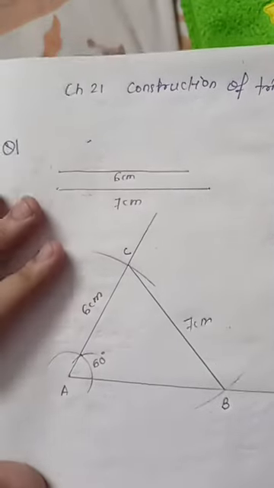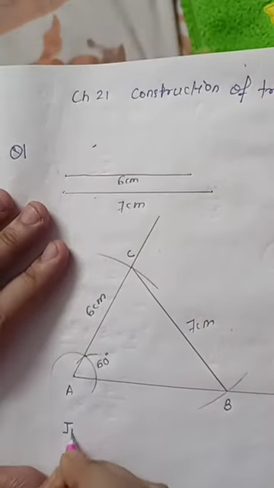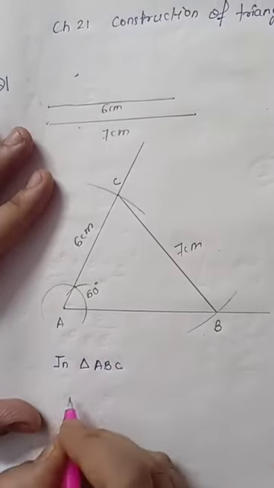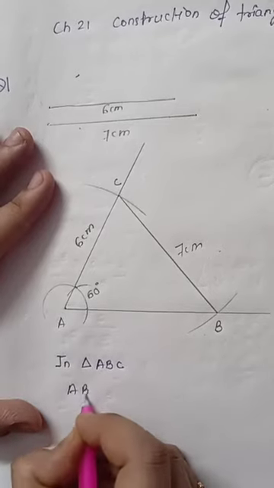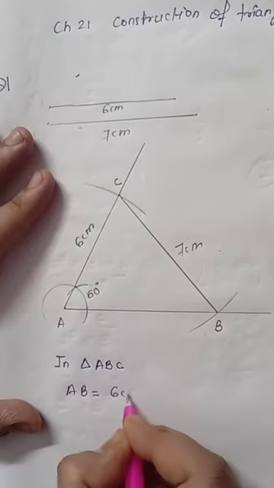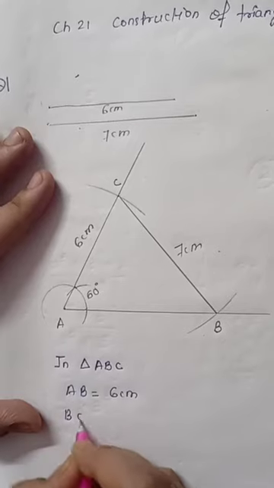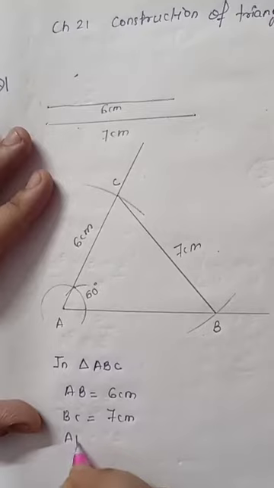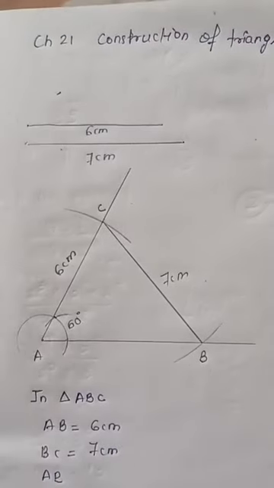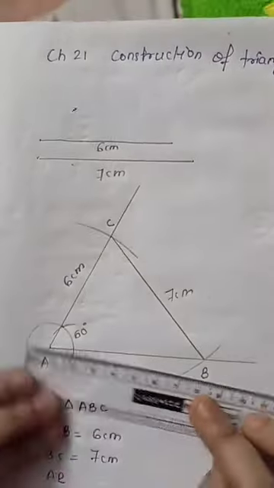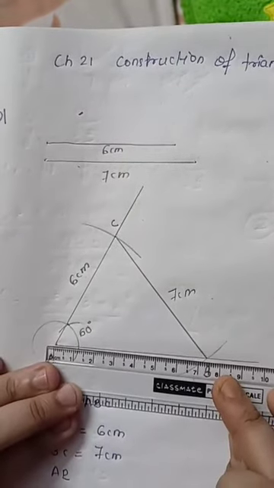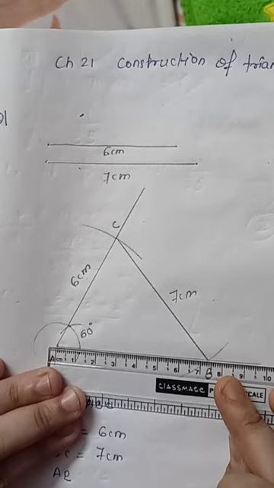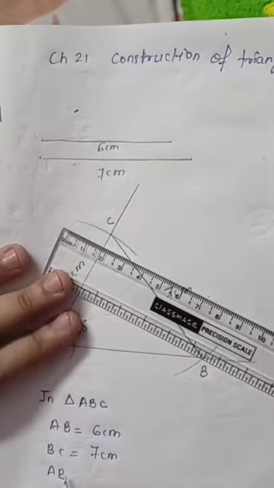So I will write down in triangle ABC, AB is equal to 6 centimeter, BC is equal to 7 centimeter, and the length of the side AC, again we are measuring here, it's coming as around 7.3 or 7.4 centimeter.